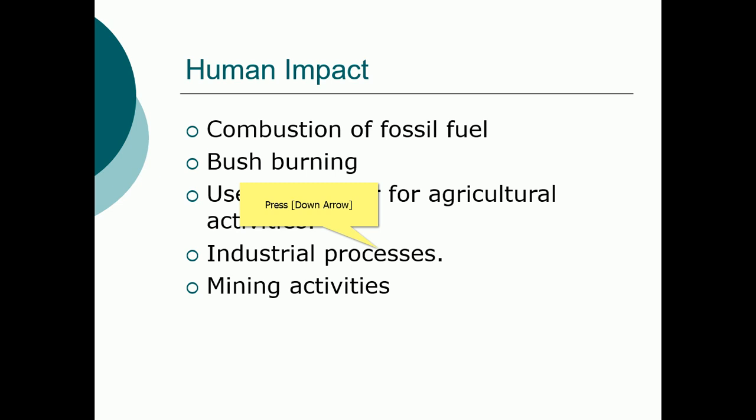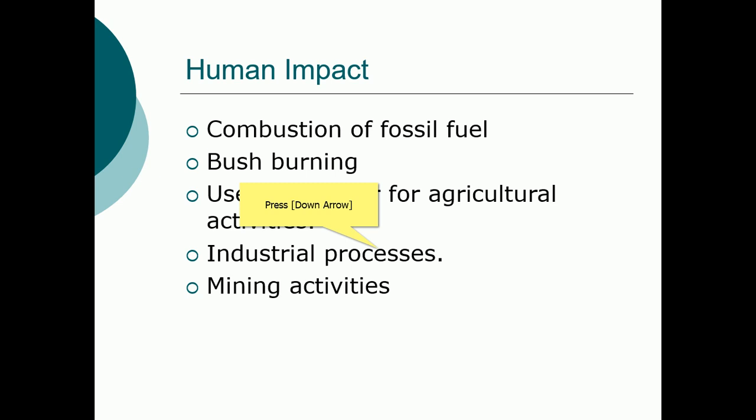So the fossil fuel contains this sulfur. So when you use a fuel that contains sulfur, combustion of fossil fuel releases a lot of sulfur into the environment. Then you have bush burning, utilization of fertilizer for agricultural purposes, because some fertilizers actually contain sulfur, and industrial processes also release a lot of sulfur in the form of sulfates, some even in the form of solution released to the environment.